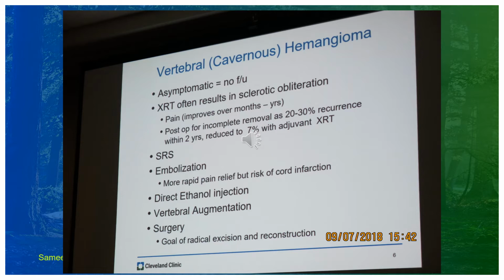We inject semi-viscous bone cement through a cannula that passes through the pedicle into the vertebral body, and this bone cement will cure and solidify and obliterate the cavernous hemangioma. Surgery might be indicated for radical excision and reconstruction.